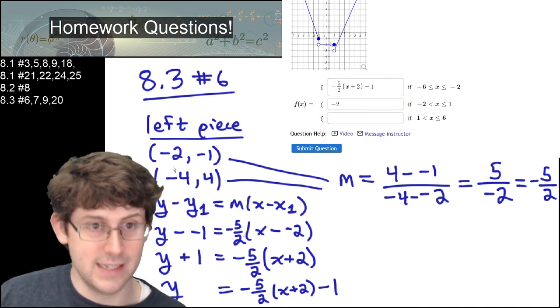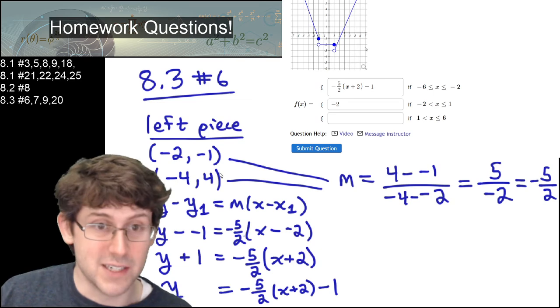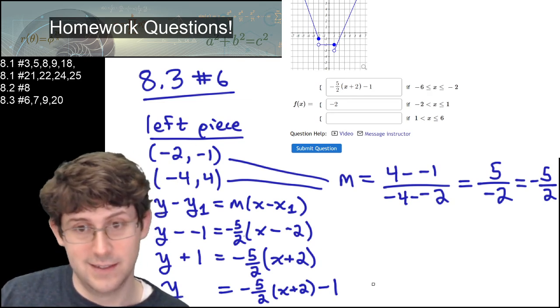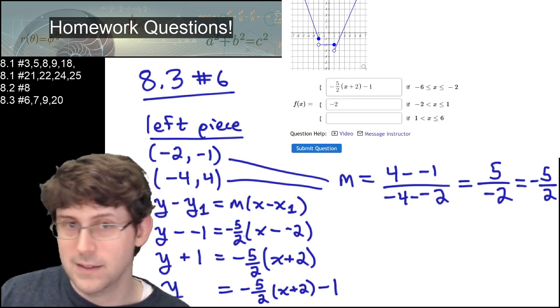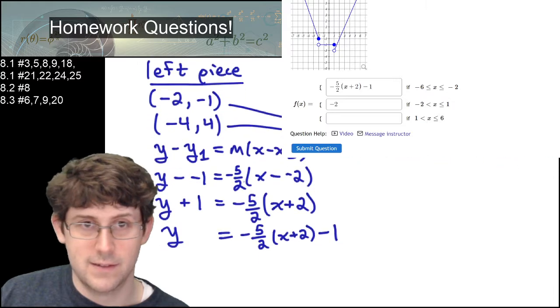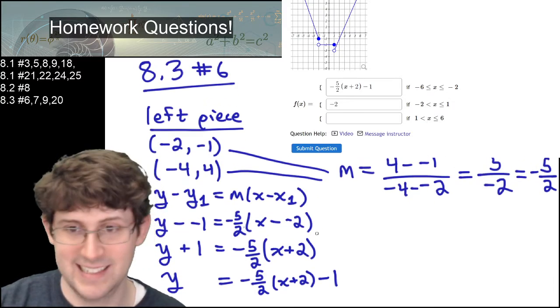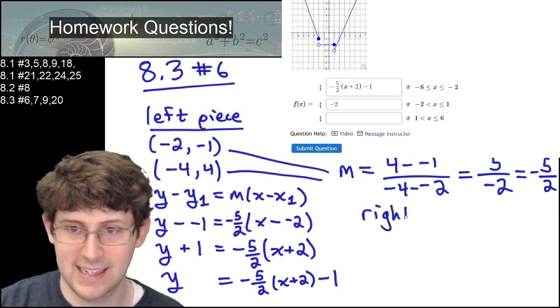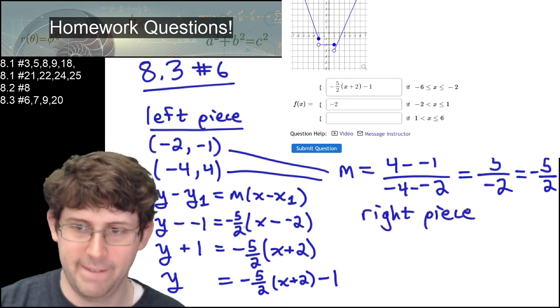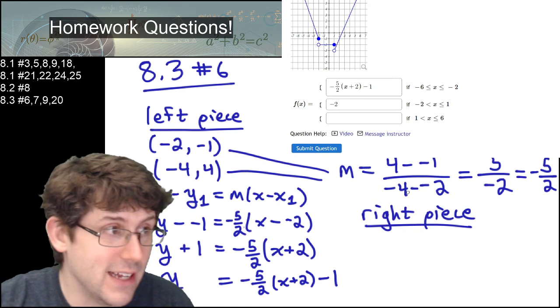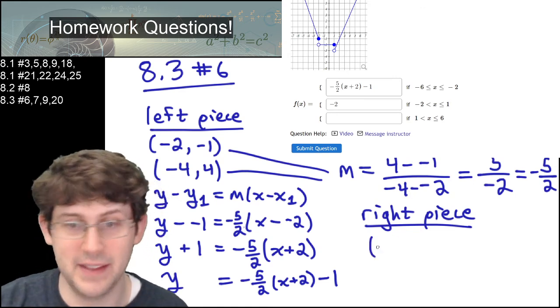Then the last piece is also a line, so I'll find an equation of this line. Okay, right piece. It's a line, so I'll try to find 2 points on the line.